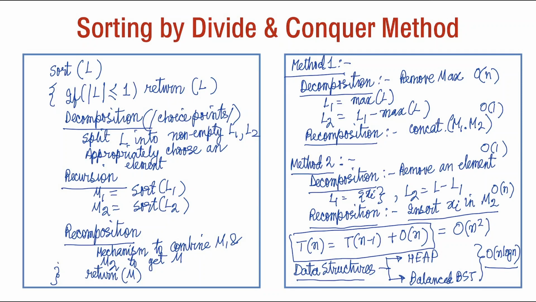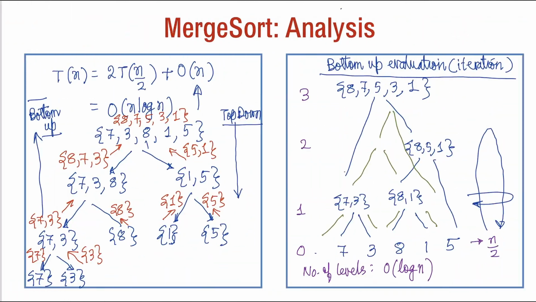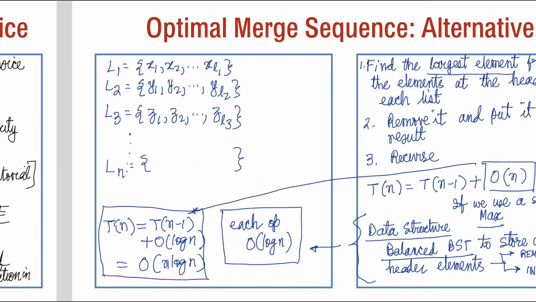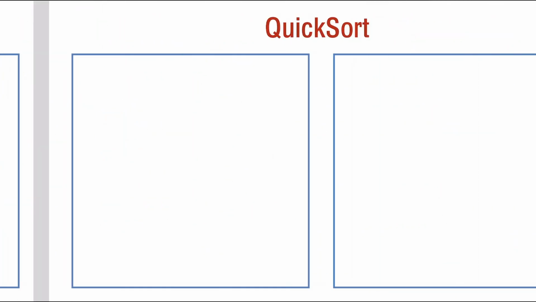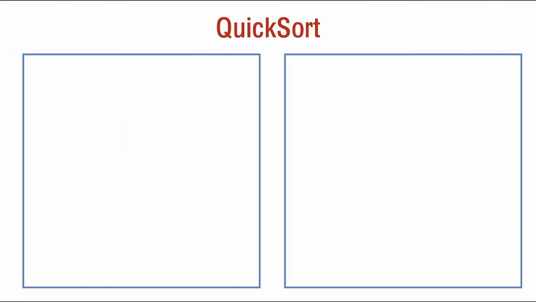We know that in merge sort, the decomposition was a simple split, which was a generalization of method 2, which we had done earlier. Now let us see, instead of removing the maximum and just breaking it up into 1 and n minus 1, can we do something else? That something else, which is a generalization of method 1 now, yields the algorithm quicksort.